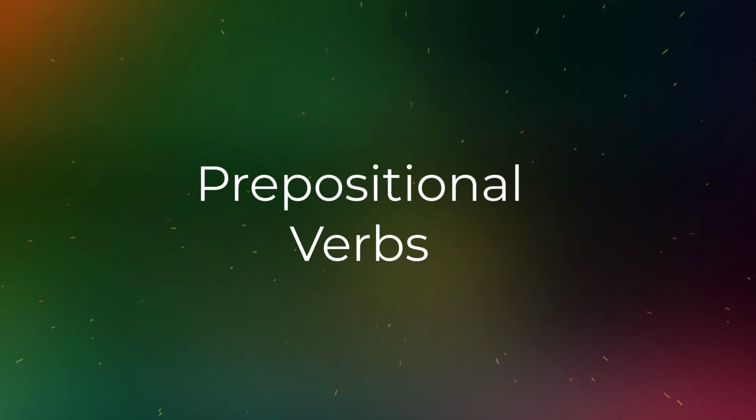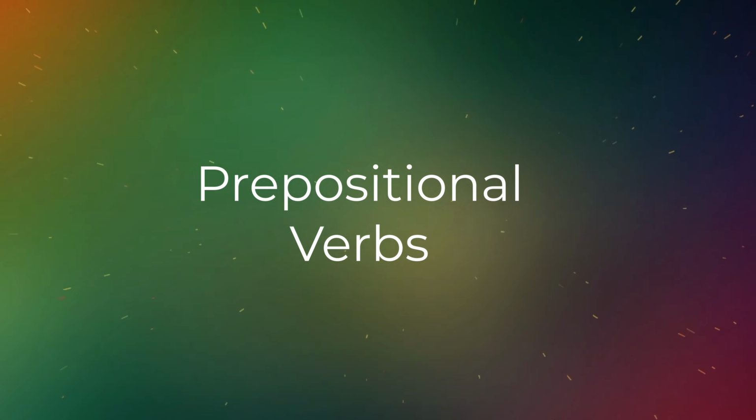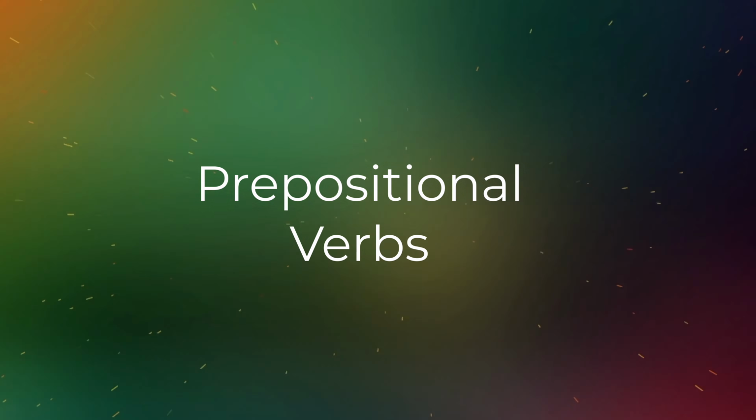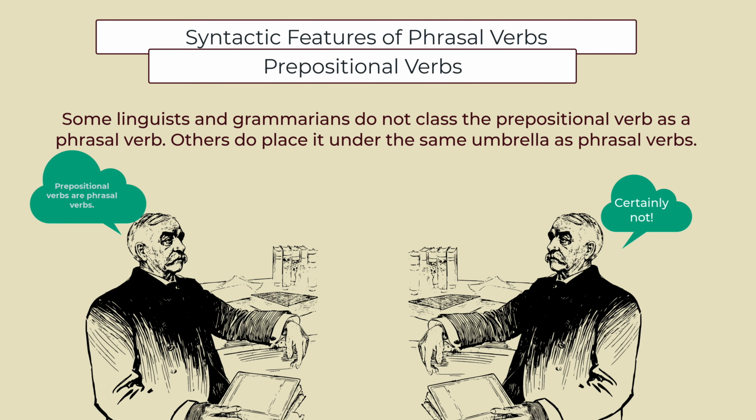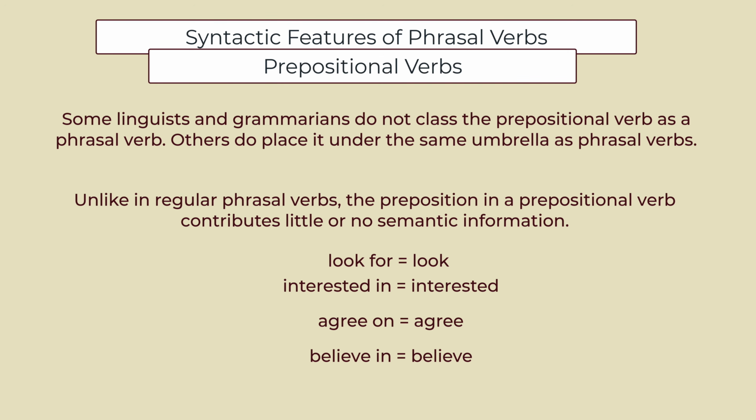And the last category of multi-word verb is the prepositional verb. Now, it's important to note that linguists make the distinction and classify this verb separate from the phrasal verbs, although some will not. What's important to note about the prepositional verb is that the preposition contributes little or no semantic information.